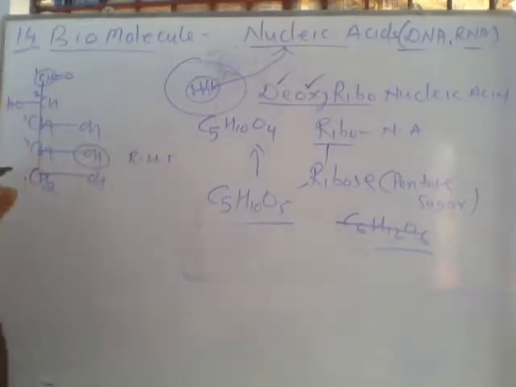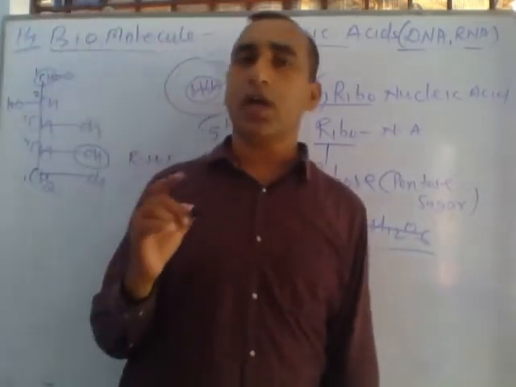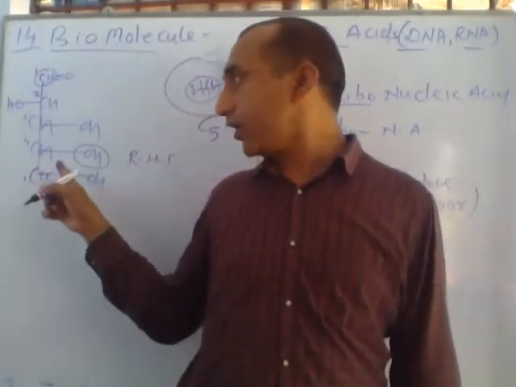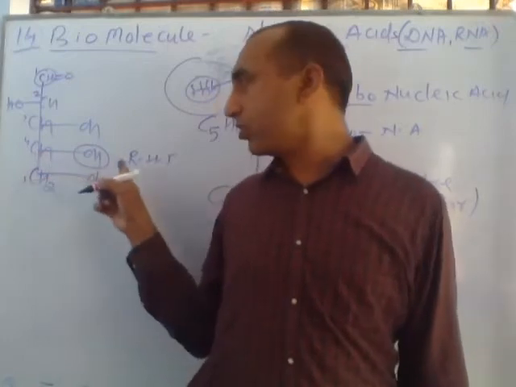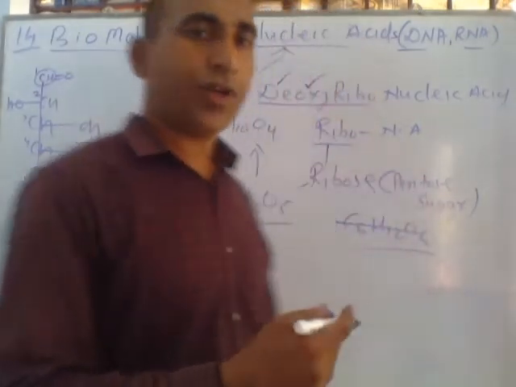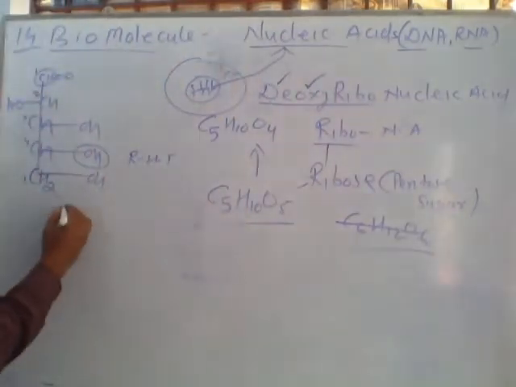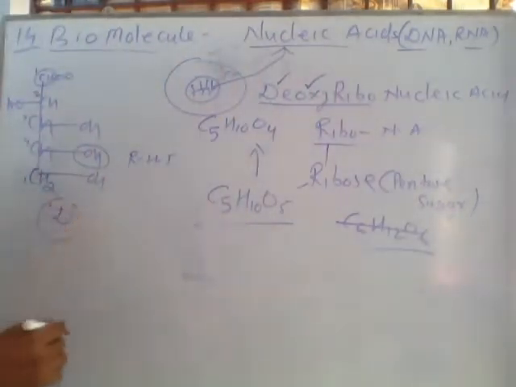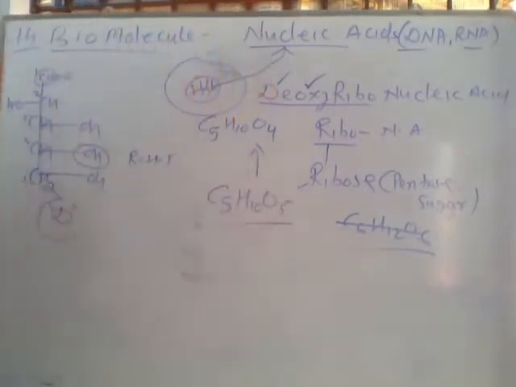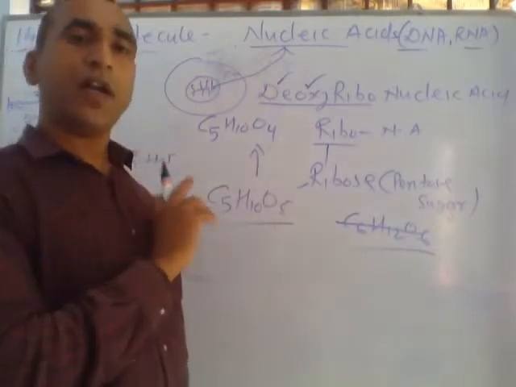So remember, if the OH group on the second last carbon is on the right-hand side, this is called D configuration. There is no full form of D. This is given by Rosanoff, D and L. If the OH is present on the left-hand side of the second last carbon, this is called L form.